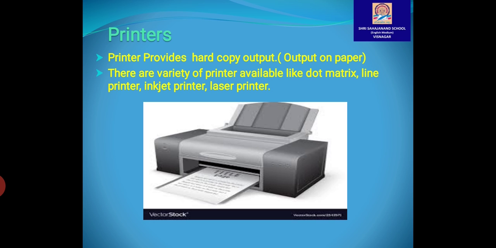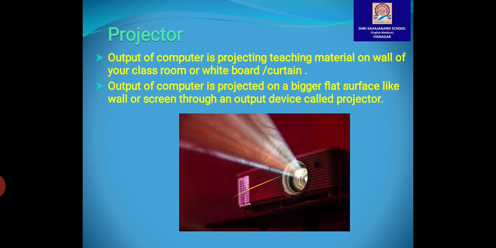Similarly, there are printers that create the image of a whole page and print the full page at a time using laser technology. This type of printer is called a laser printer. Laser printers are the fastest and costlier compared to other printers. Here is the figure of printers.